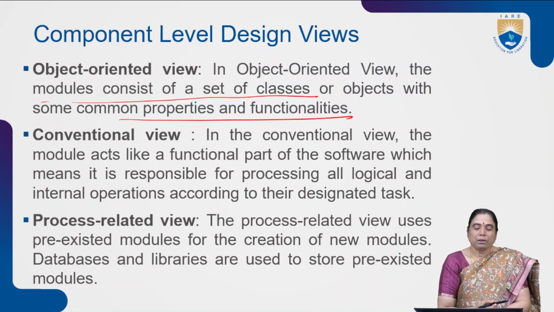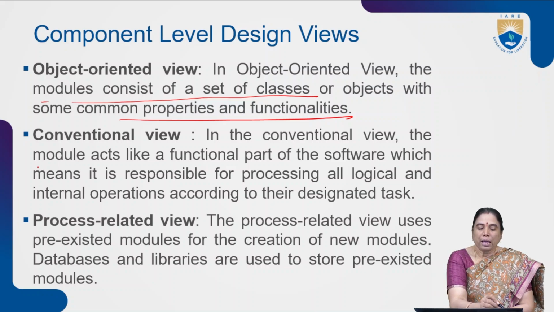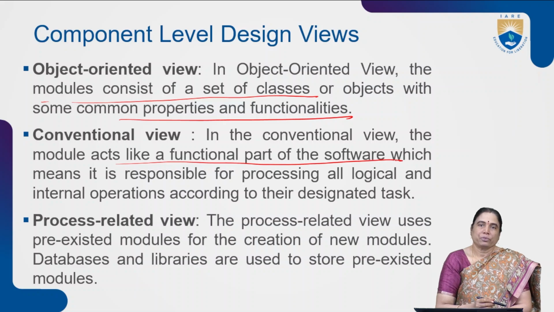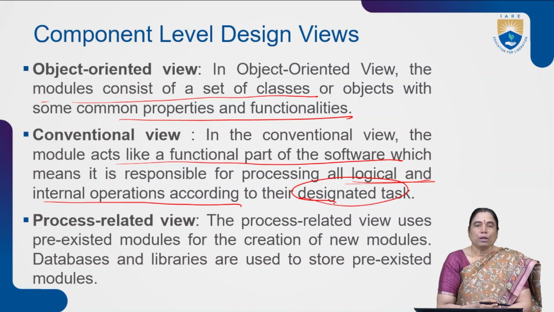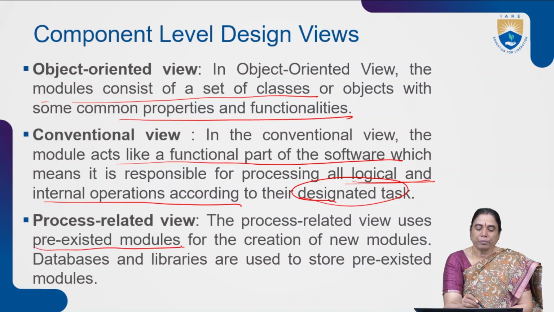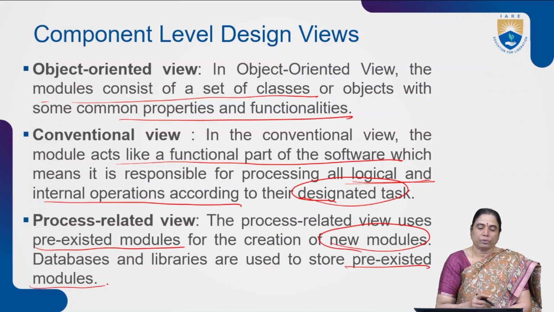In the conventional view, the module acts like a functional part of the software, which means it is responsible for processing all logical internal operations according to the designated task. The process-related view uses pre-existing modules for the creation of new modules. Databases and libraries are used to store pre-existing modules.